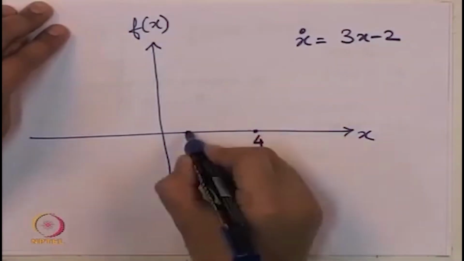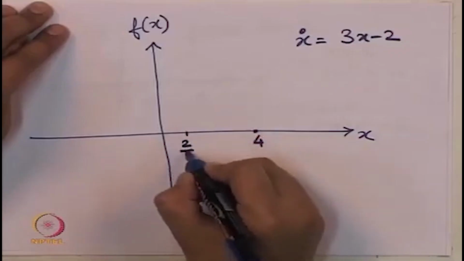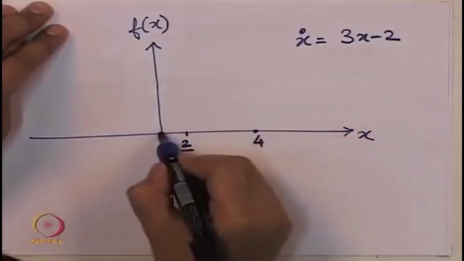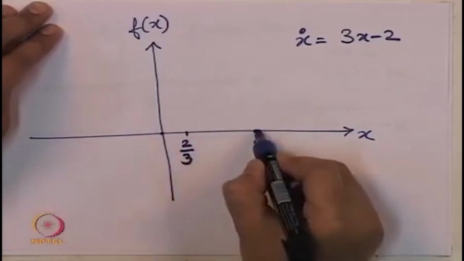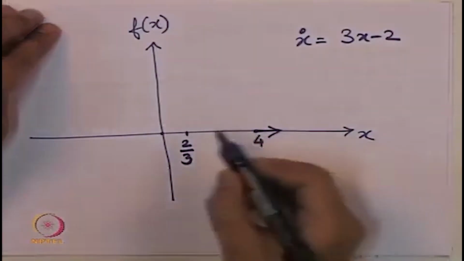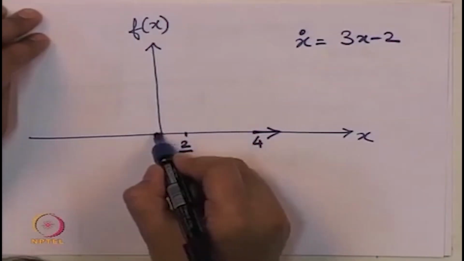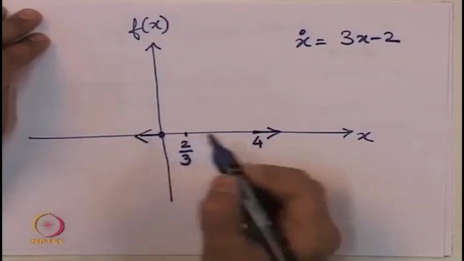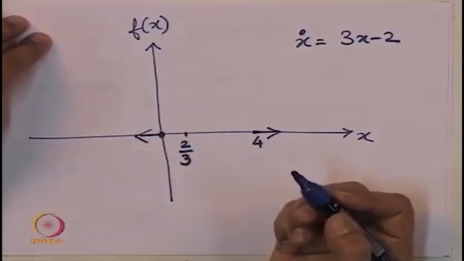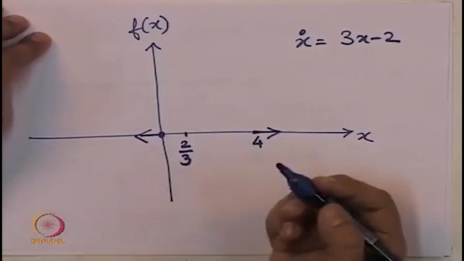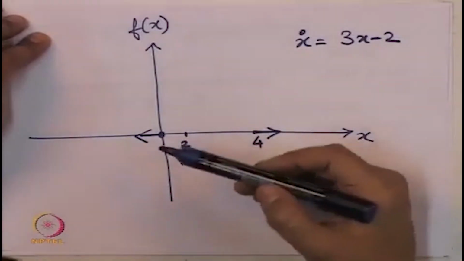We took a point 4, there is a point 2 by 3 here, and there is a point 0. At the point 4 we already saw that the vector is directed to the right. At the point 2 by 3 the vector has length 0, and at the point 0 the vector is directed to the left towards decreasing direction of x. So, what does this mean?